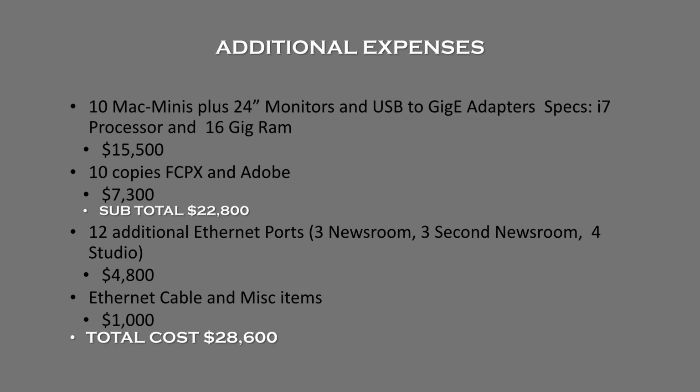Right now, mainly they go to one machine to write a story, they go to another platform to edit the story. So if we wanted to have all our machines on the Mac platform, I would need an additional 10 Mac Minis with monitors and USB to gigabit Ethernet adapters. The i7 processor, the 16 gig of RAM, and 24-inch monitors. It comes out to about $1,500 per workstation.